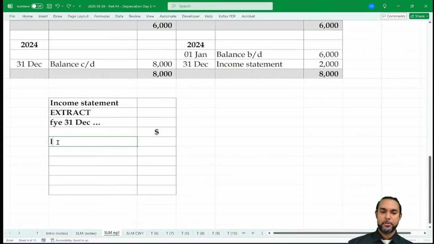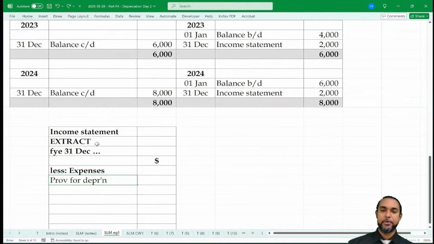Alright, so let's explore. An extract is a small piece of a whole, so all we're doing here is showing specifically the entries regarding depreciation in the income statement, right? So this would be the provision for depreciation on the, what do you call it?